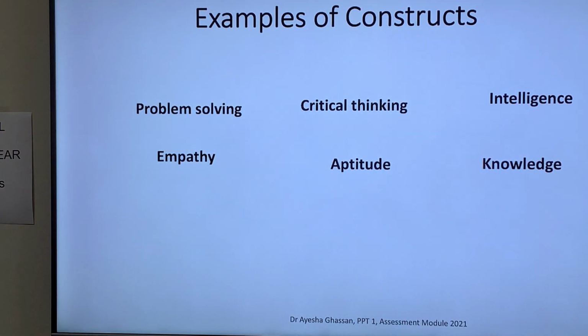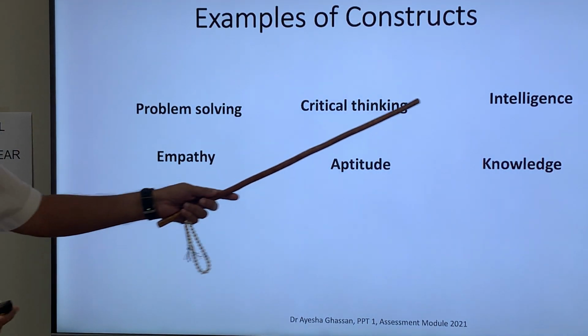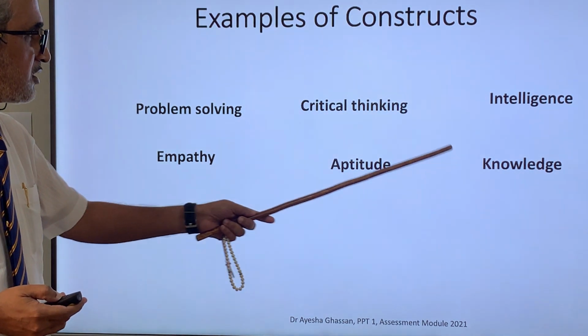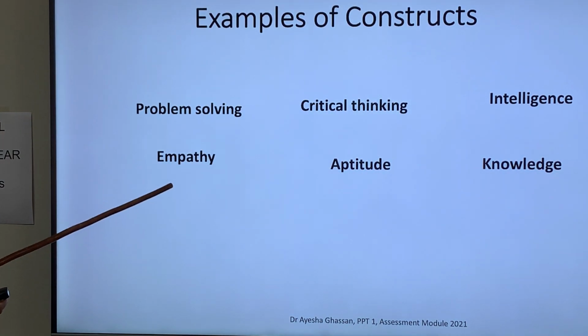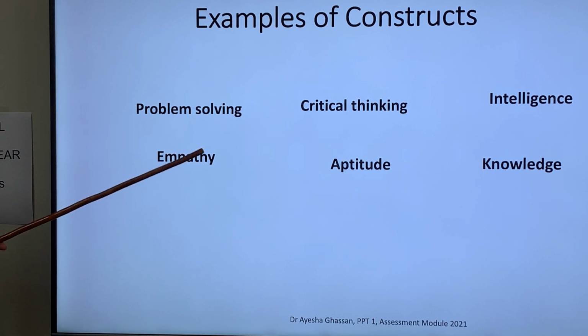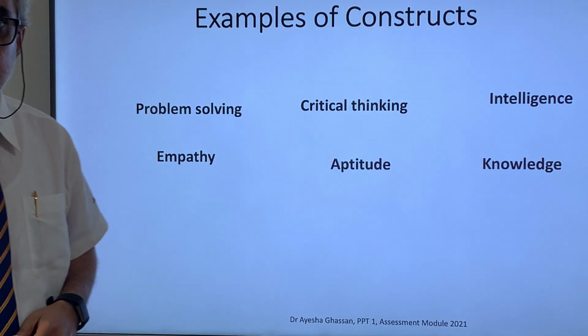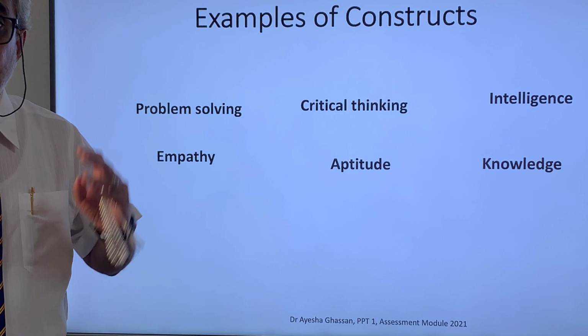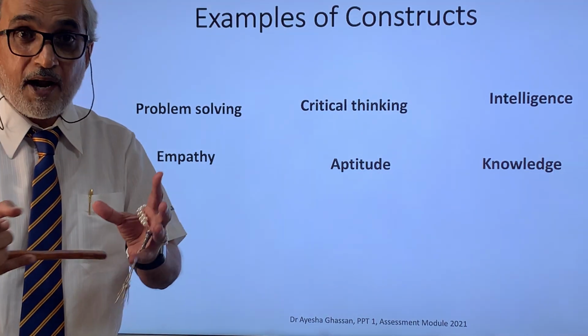Just to give you examples of construct. Now, intelligence is a construct, knowledge is a construct, critical thinking is a construct, empathy is a construct, problem solving is a construct, aptitude is a construct. Because they're in the mind, they're intangible, you can't feel them.